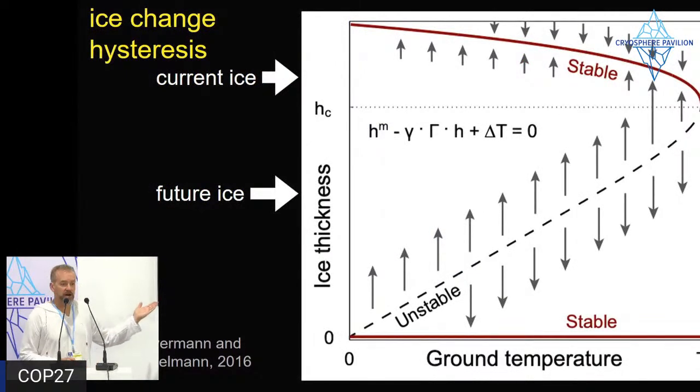As Levermann and Winkelmann put it, I'll show you two different visualizations for so-called hysteresis, which is another way of talking about irreversibility. Warming in the upper part of this graph, it says the current state of the ice.